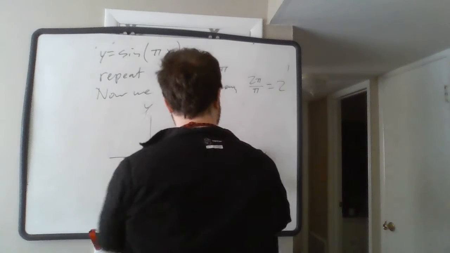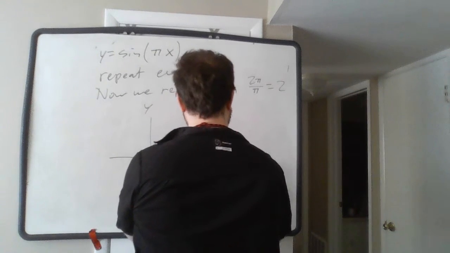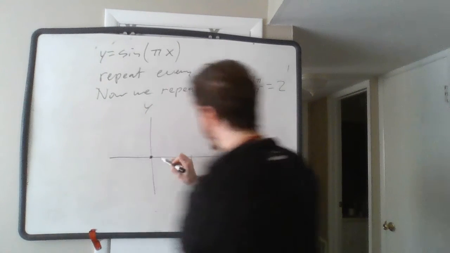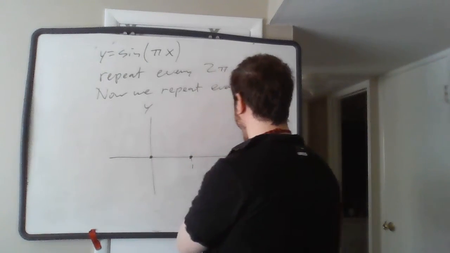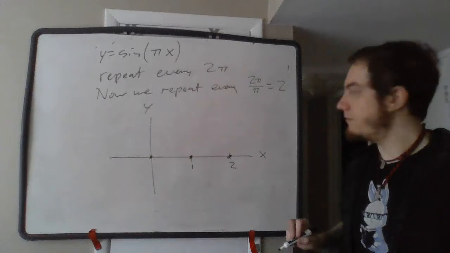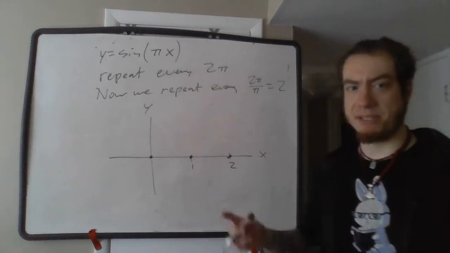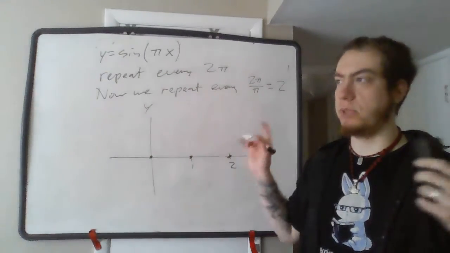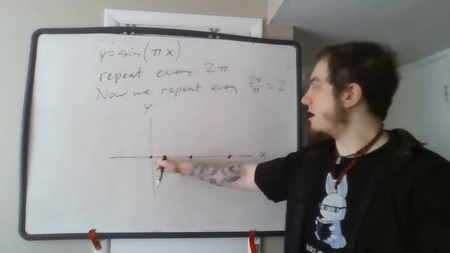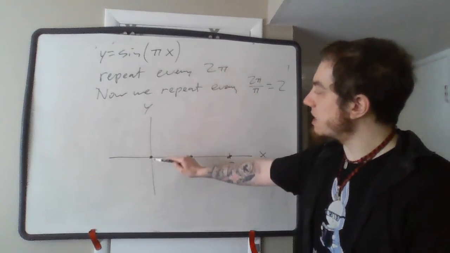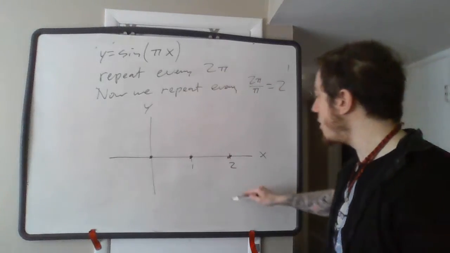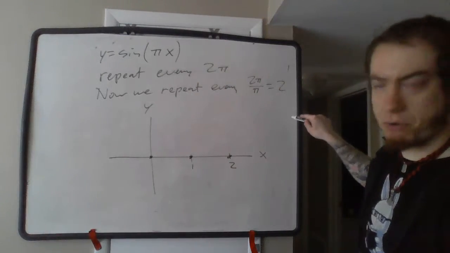So at the start of a cycle, I should be at 0. Halfway through, I should be at 0, and at the end of a cycle, I should be at 0. One cycle meaning basically an interval with a length of 1 period that starts at the beginning. When we think about sine, we always think of starting at 0, going up, down, and then back to 0.